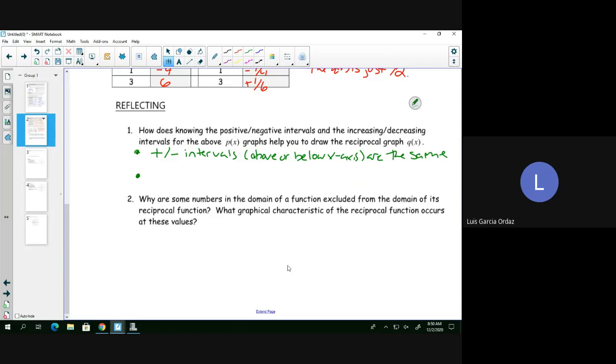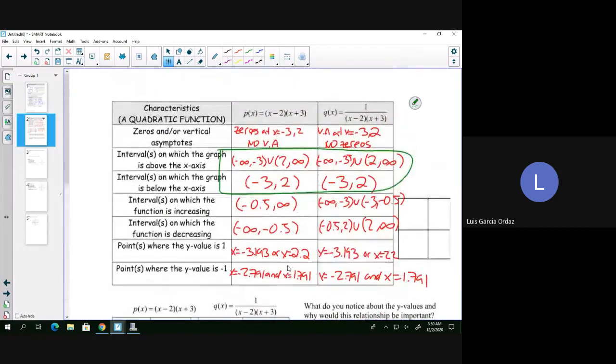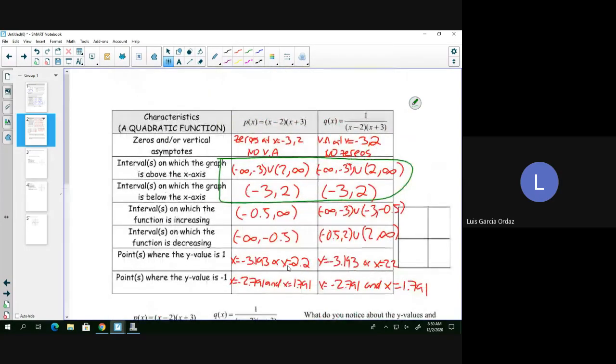Okay, and what do we notice about the increasing and decreasing intervals? So as you can see here, just forget the asymptote. In the parent function, you have negative 0.5 to infinity here. And for the decreasing, you have negative 0.5 to infinity on the reciprocal.